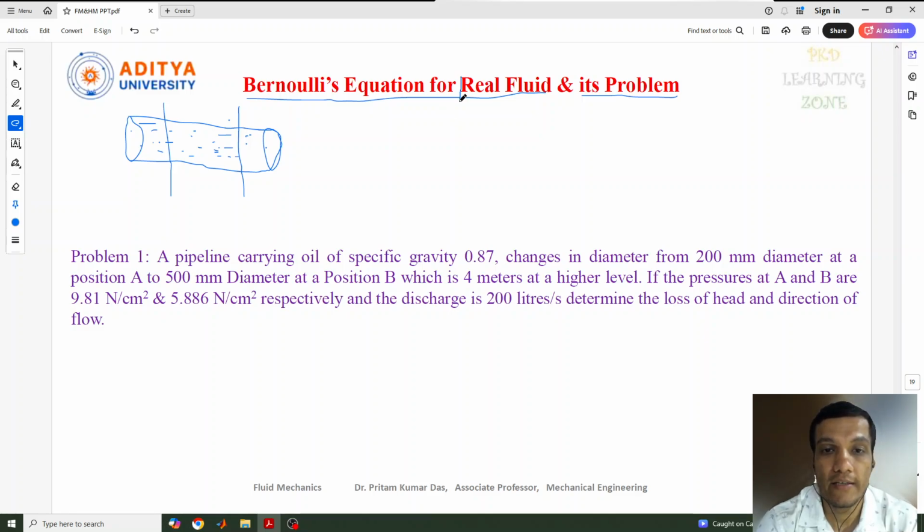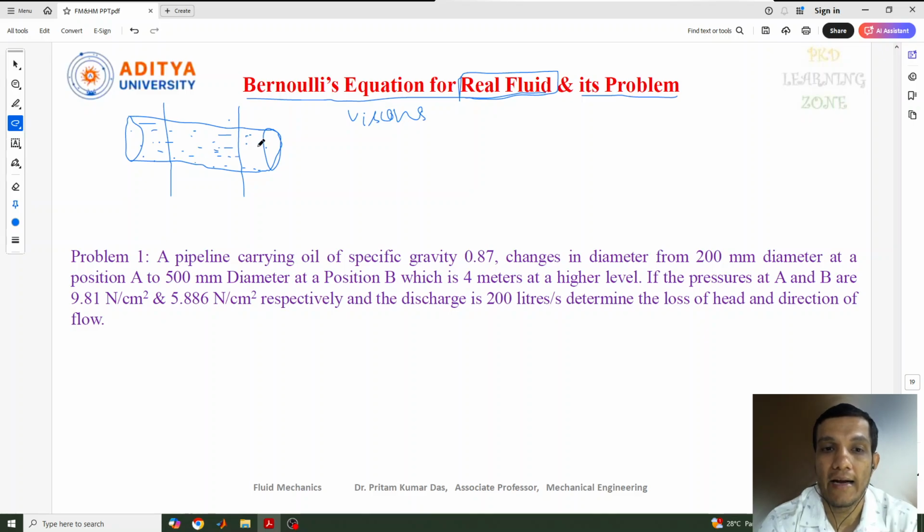But if you consider a real fluid, it is viscous, and when the fluid flows in the pipe, there is a resistance to the fluid flow. That means there is some friction, and we need to consider some losses due to this friction.